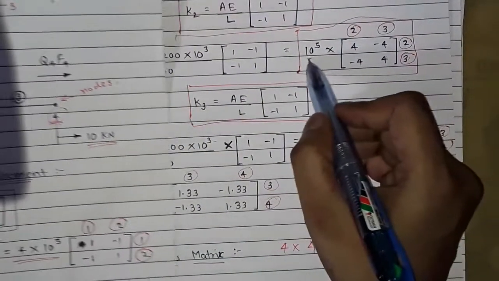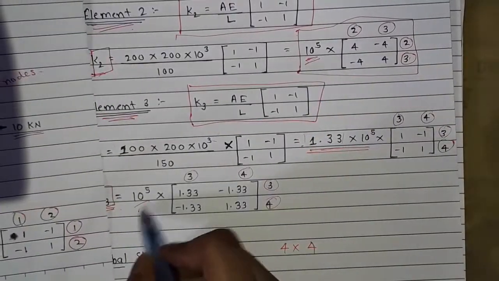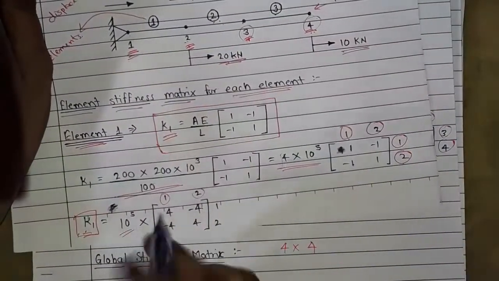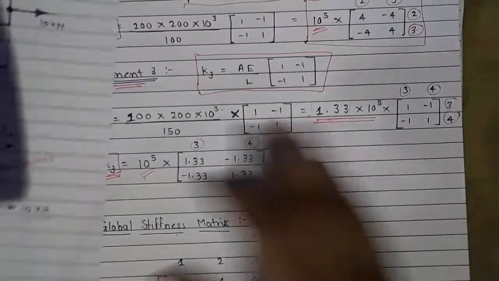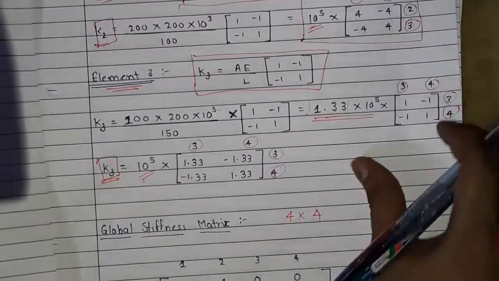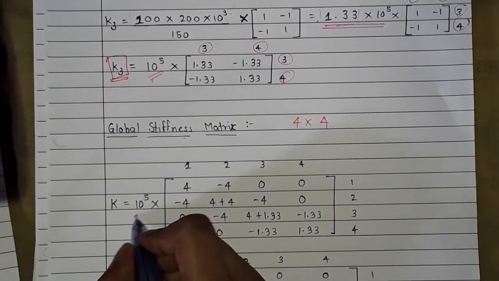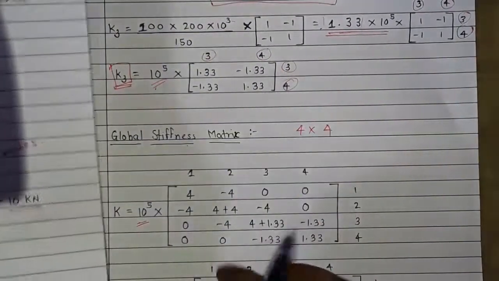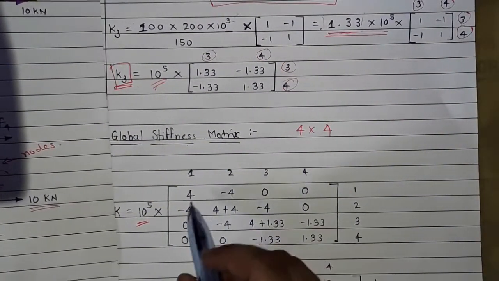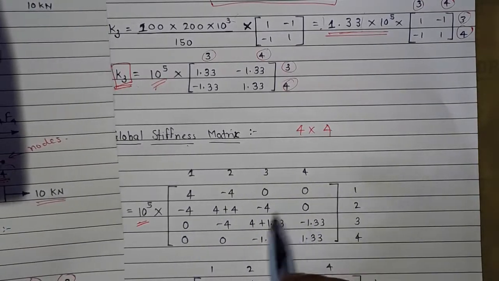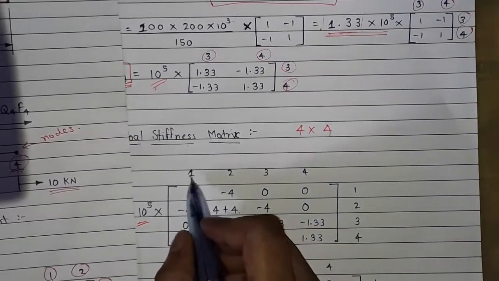Each has 10 raised 5, 10 raised 5, 10 raised 5. 10 raised 5 is common in each matrix, so in the global stiffness matrix we have directly put 10 raised 5. Now let's fill this matrix, which we assume is empty.